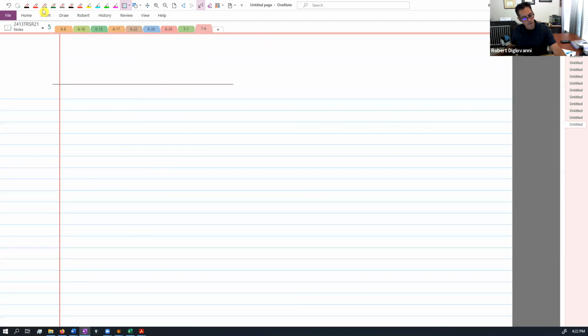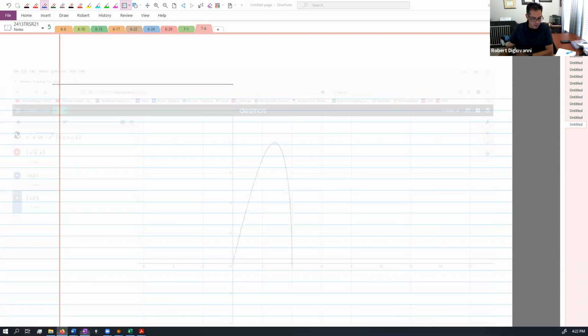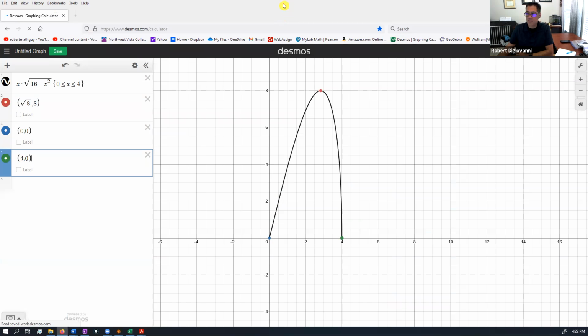Okay, same thing, find the absolute max and minimum values. Give me a moment, I'm going to graph it, but I'm not going to show that to you.